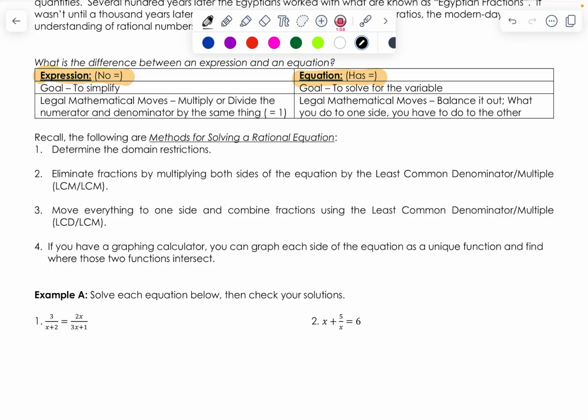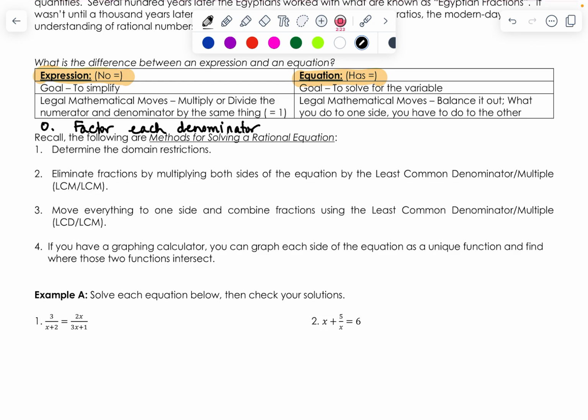All right, so here's the steps for solving a rational equation. I would add maybe a step 0 and factor each denominator first. Okay, let's add that in. Factor each denominator, and then you can easily determine the domain restrictions from that, okay?